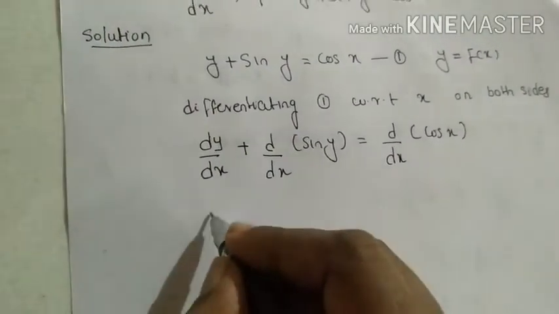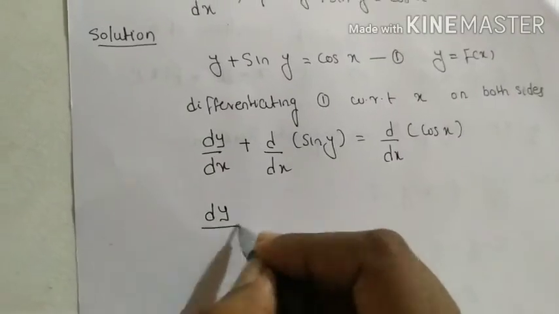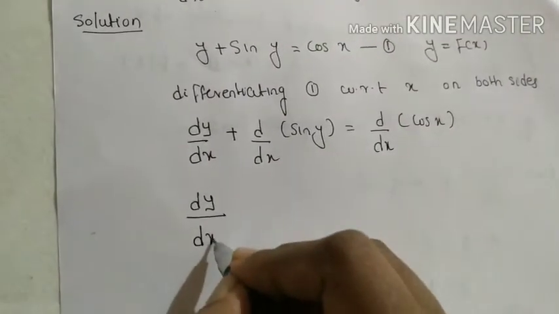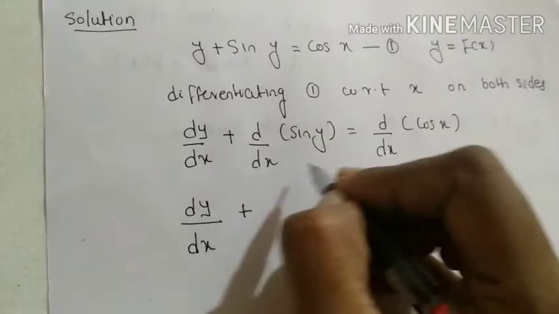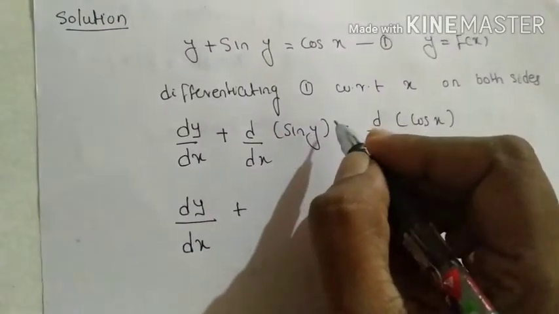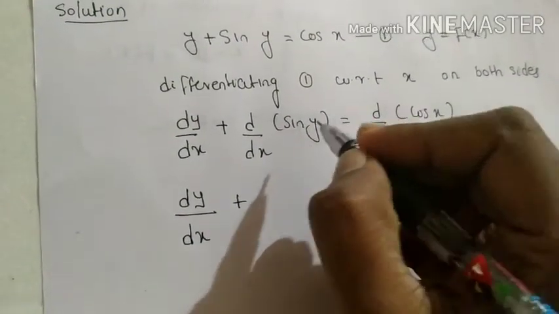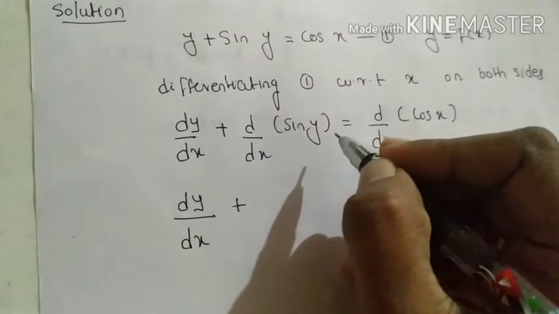Right. So next step will be dy by dx plus, here we can use the chain rule, right? Here y is another function.